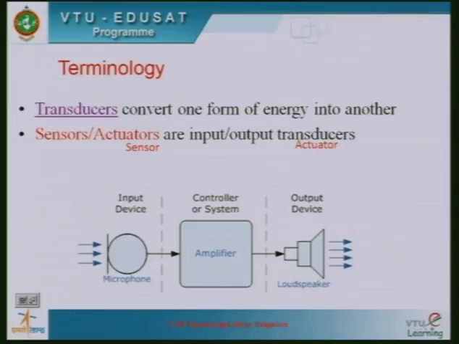A transducer is very simply defined as a device which can convert one form of energy to another form of energy. For example, whenever I speak, as I was mentioning, it is a physical quantity. I am producing energy from my mouth. This is one form of energy, and we call it acoustic energy.